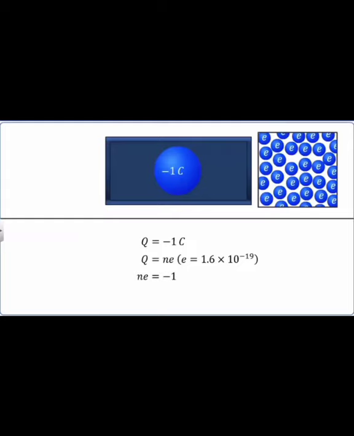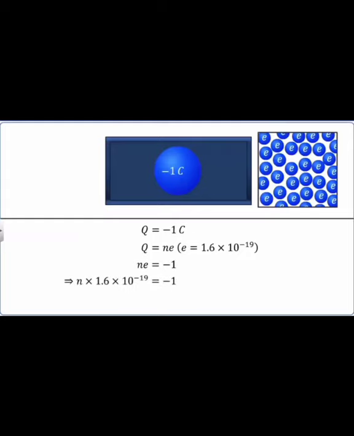Substituting the values of Q and e and simplifying, we have n equal to minus 6.25 × 10^18. Here, n is a negative integer, indicating that the body has gained a negative charge.